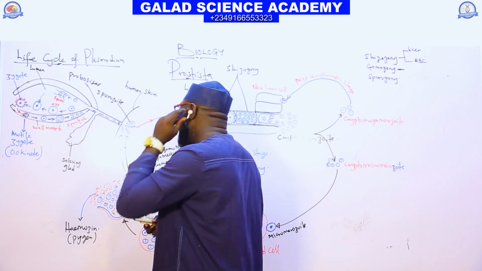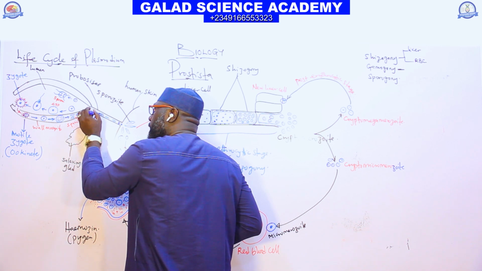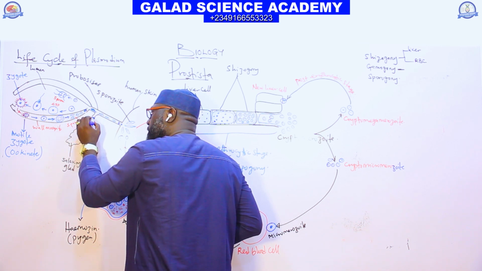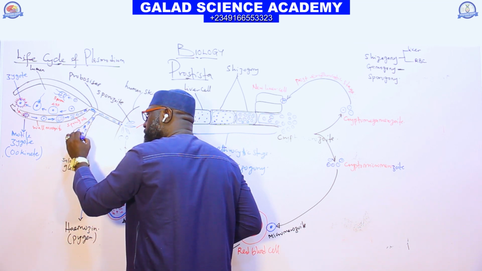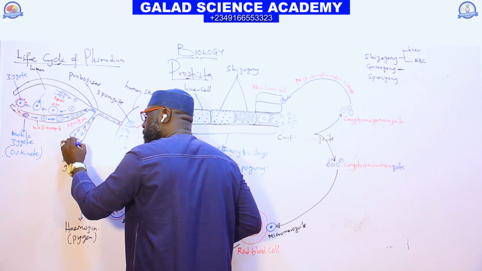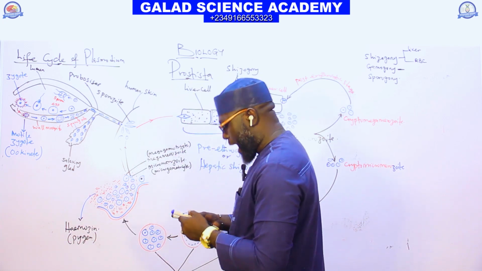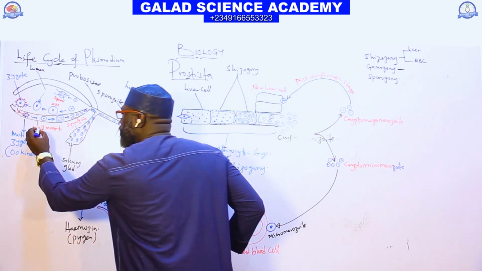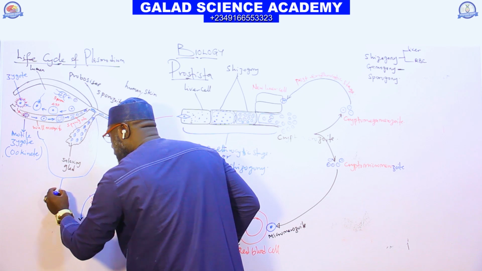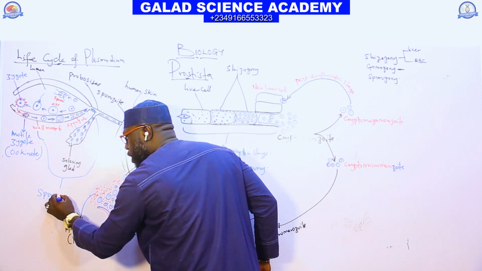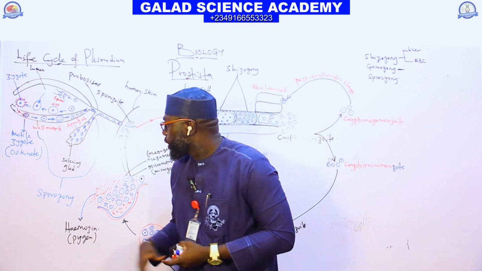So the sporozoites now find the means to move from this place into the salivary gland of the mosquito. This is also sporozoites. And all the reactions that occur between here and this particular region, we call it sporogony. Sporogony is the asexual reproduction which takes place by multiple fission.